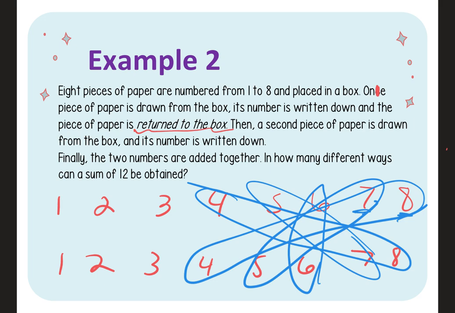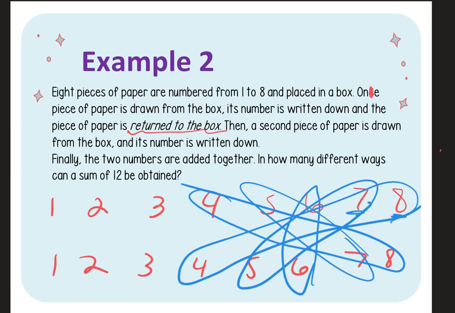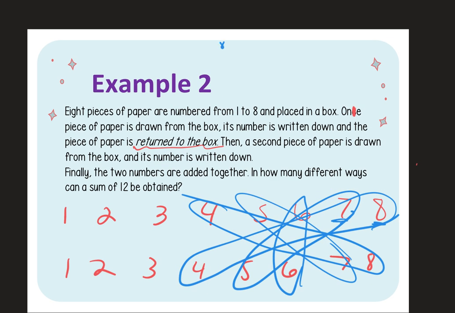So the combinations you could get, that I've terribly written down, were 8 the first time and 4 the second time, 7 the first time and 5 the second time, 6 and 6, 5 and 7, and 4 and 8. So there are 1, 2, 3, 4, 5 ways that we can select two numbers that, when added together, the sum would be 12.